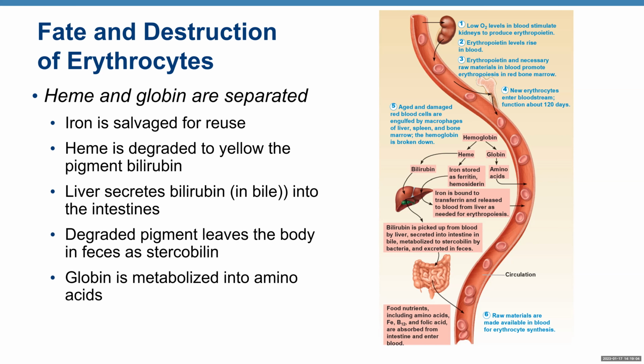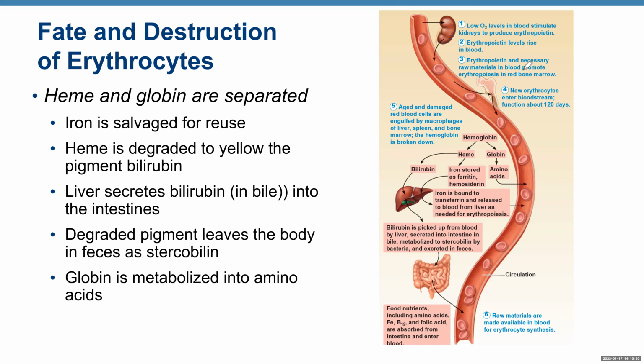Okay, so let's start with your kidneys. Now, when blood flows through the kidney, if you have a low oxygen level in your blood, that low oxygen level stimulates the kidney to produce erythropoietin. That's a hormone. And erythropoietin leaves the kidney and enters your bloodstream. So the level of erythropoietin in blood rises.